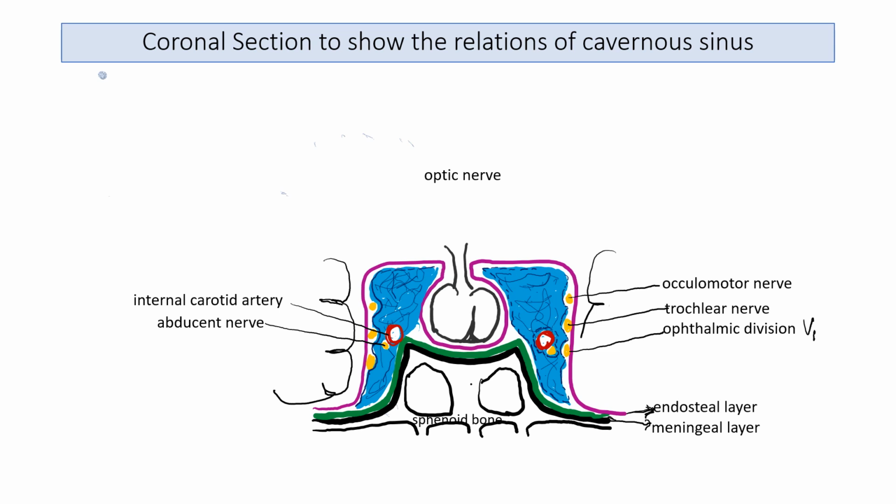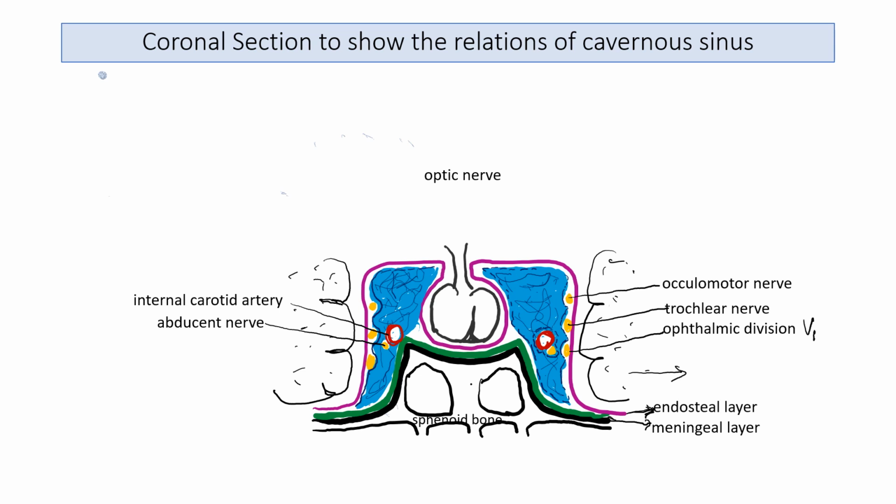So here is the temporal lobe. This part is called the uncus. So it is related with the temporal lobe. Here the temporal lobe is going to make the lateral relation.